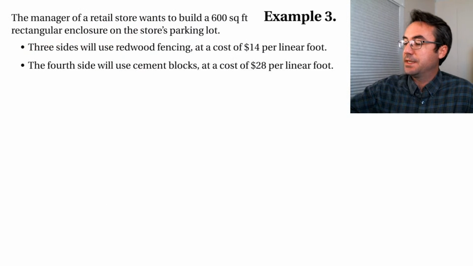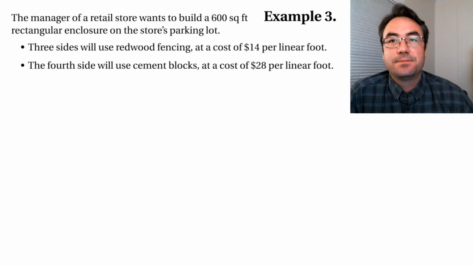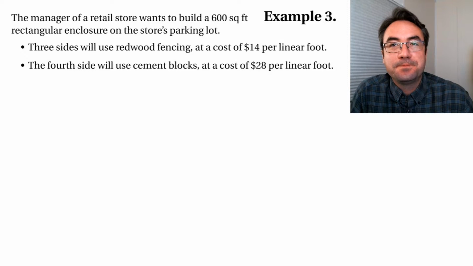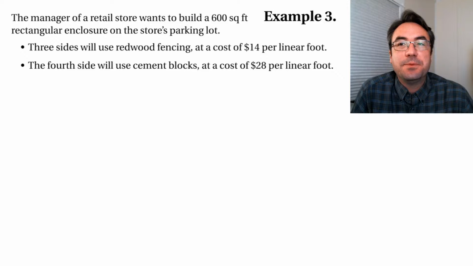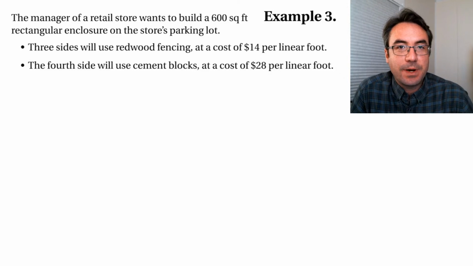Let's try another example. So we're going to do another rectangular enclosure. Let's read through it. We are going to build a 600 square foot rectangular enclosure on some store's parking lot.